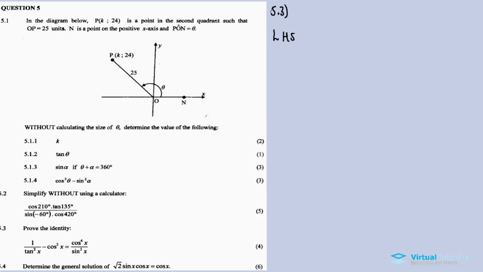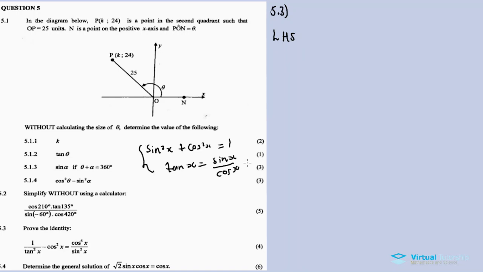So the left hand side is equal to, and by the way, in grade 11 we have two identities. Sine squared x plus cos squared x is equal to 1, and tan x, which is equal to sine x over cos x. These are the two identities as well.